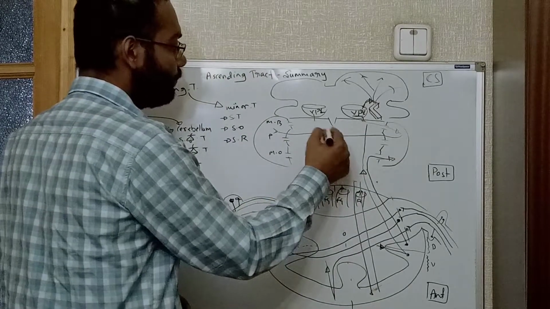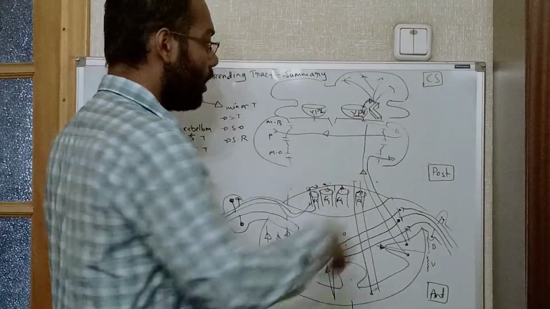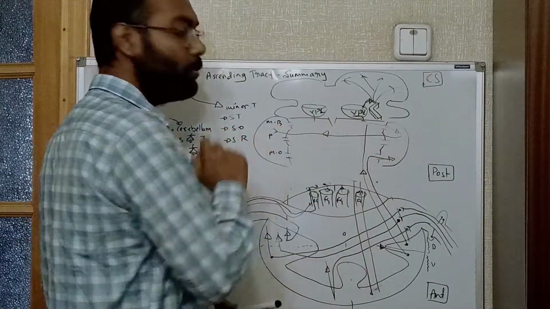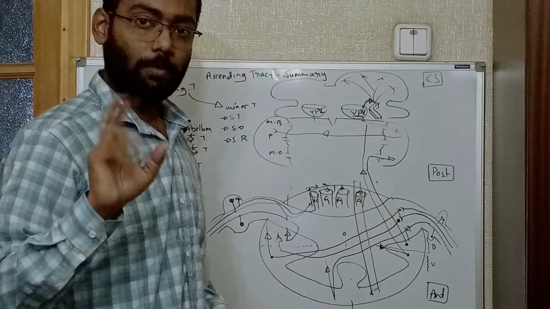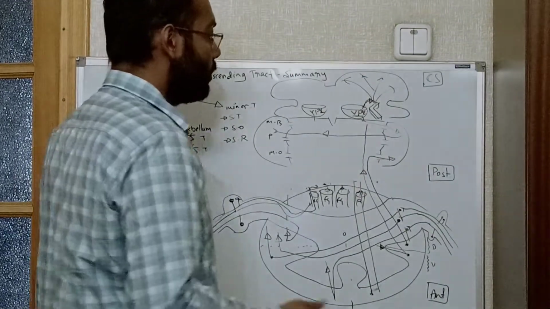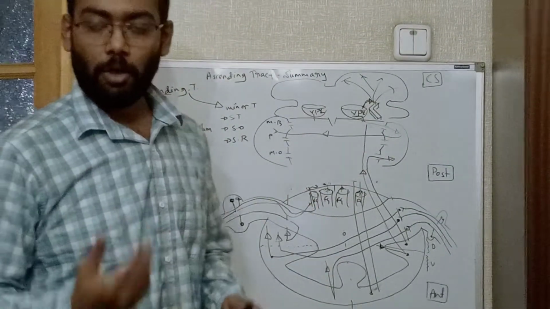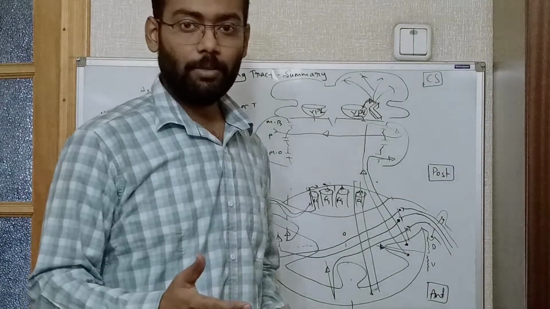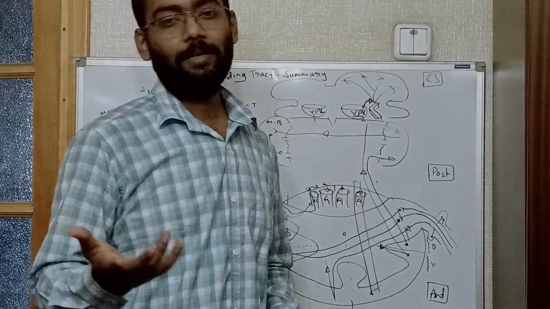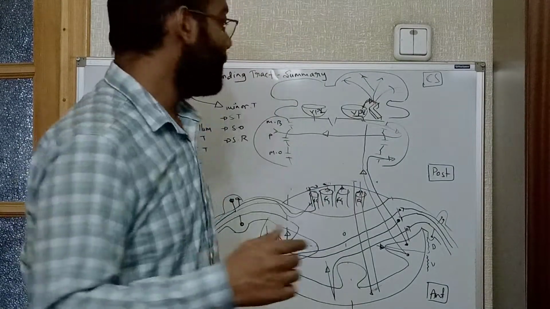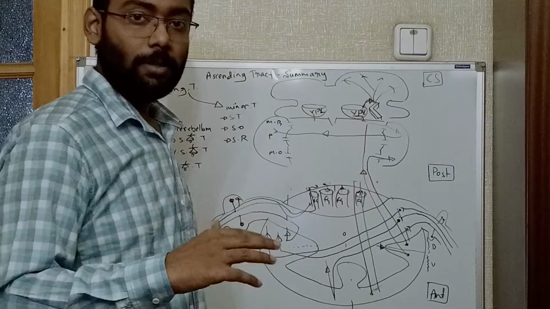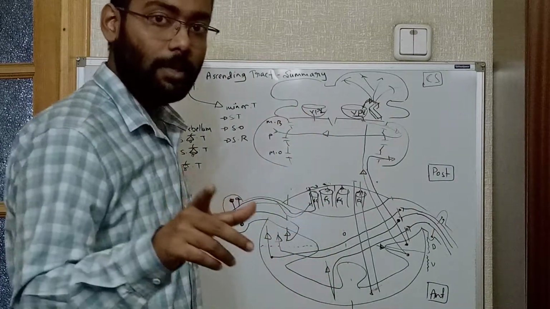The fiber now crosses like this and ends up on the ipsilateral side. Clear? Okay. So you are done with dorsal, you are done with ventral, anterior and posterior. It is easy. The spinocerebellar tract is clear.